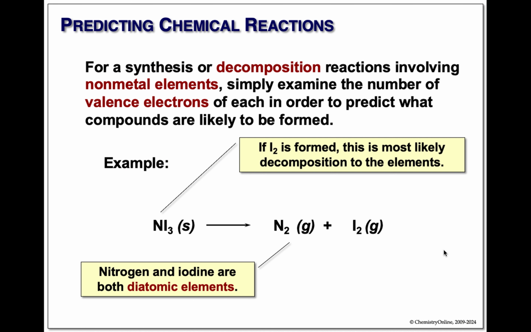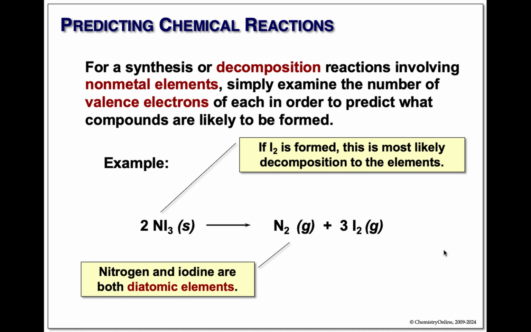We are not balanced, of course. We have 3 iodines. We only have 2 here. That gives us 2 nitrogens. That works. And that's needed to balance that out. Any questions?